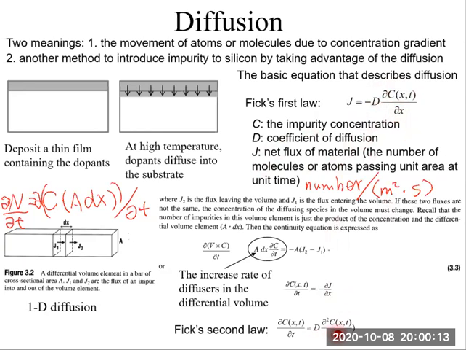Finally, the right side becomes D times the second partial derivative of C with respect to x. The left side is the partial derivative of C with respect to time, and the right side is the second partial derivative of C with respect to position x. So this is a partial differential equation.